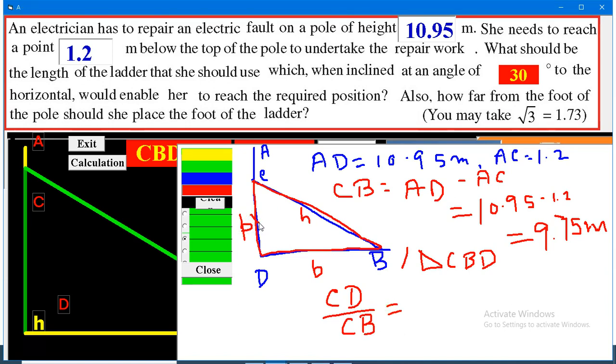Perpendicular by hypotenuse. So that becomes sine CBD, and CBD is 30 degree. And sine 30 degree I know is half.